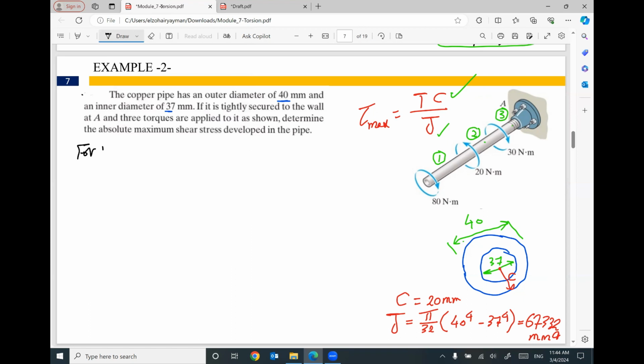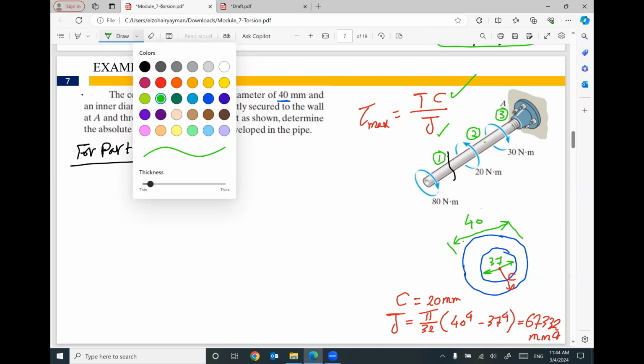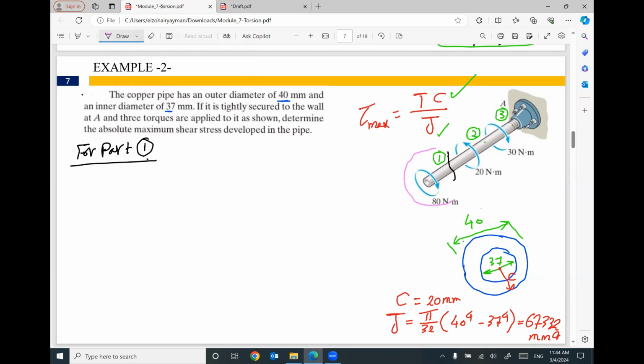For part number 1, I will do a cut. This cut will divide your shaft into 2 parts. I'm going to use the smaller part because the other part will include the reaction at A, because it's fixed. I don't know how much this reaction is, so I prefer to use the left part after you did the cut.